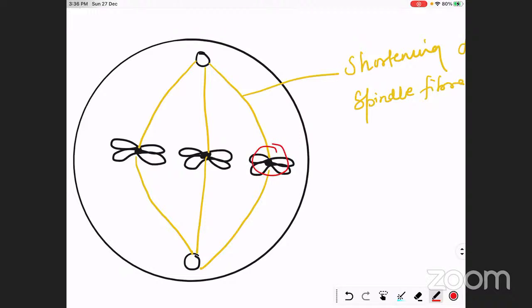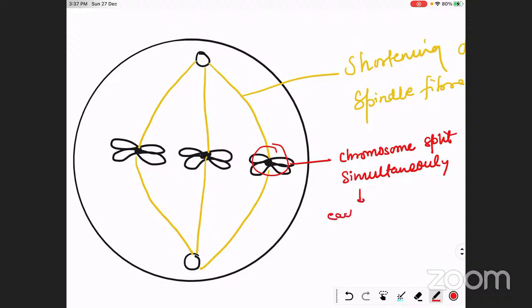So due to this, the chromosome splits simultaneously after the tension increases at the centromere. And they will have two sister chromatids.